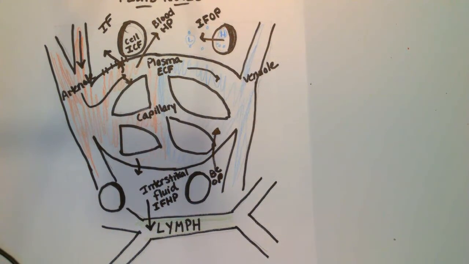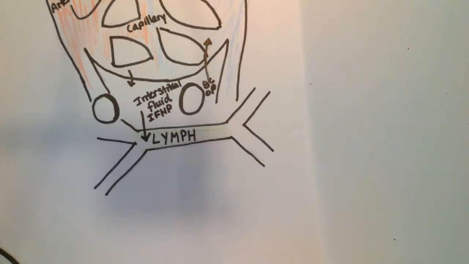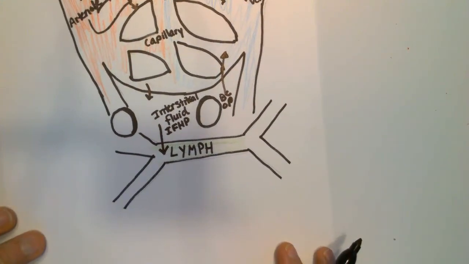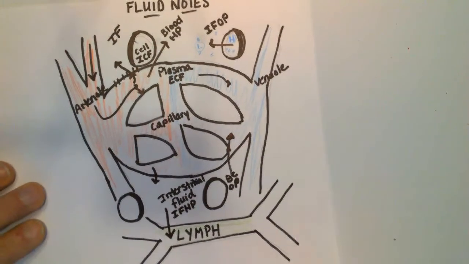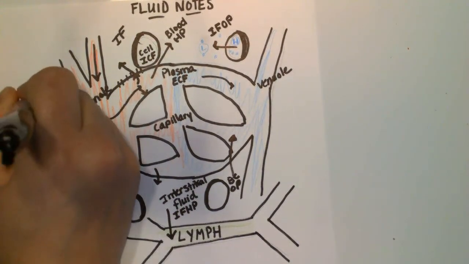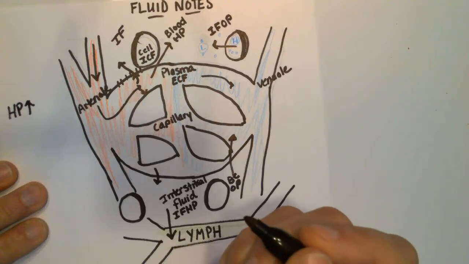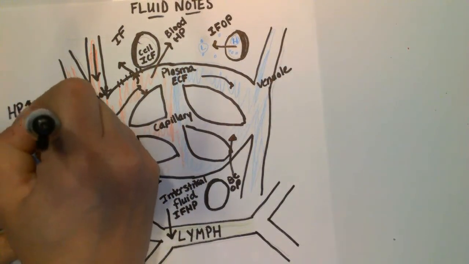So these are the four kinds of pressures that are going to occur that will move fluid between the different compartments: the two kinds of hydrostatic pressure and the two kinds of osmotic pressure. Now, if you wanted to summarize this, on the arterial end, you're going to have a very high hydrostatic pressure and a really low osmotic pressure.